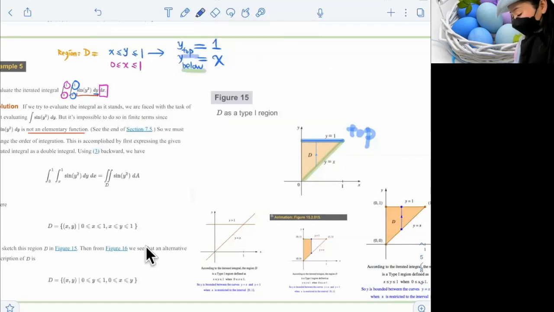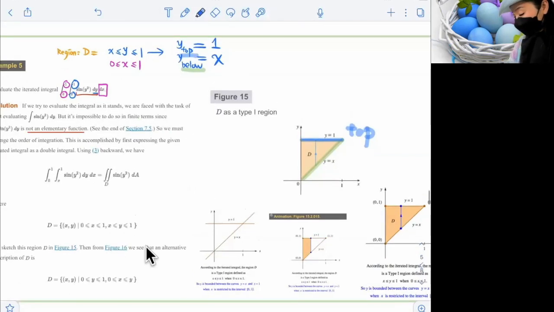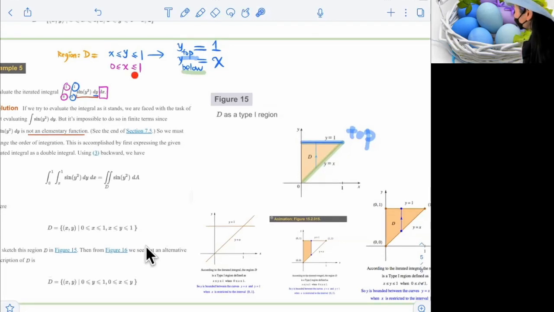So you graph y equals 1 on top and y equals x below. But then keep in mind that x is between 0 and 1. So you're going to get this region over here, a triangle like this.